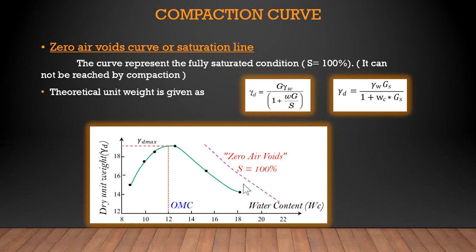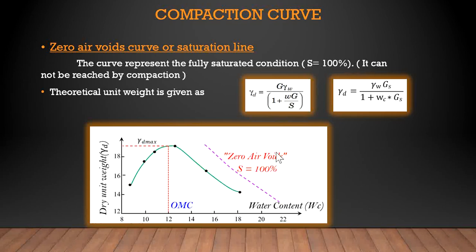Why is it called the theoretical saturation line? Because it can never be reached in practice, as it is impossible to expel the pore air completely by compaction.